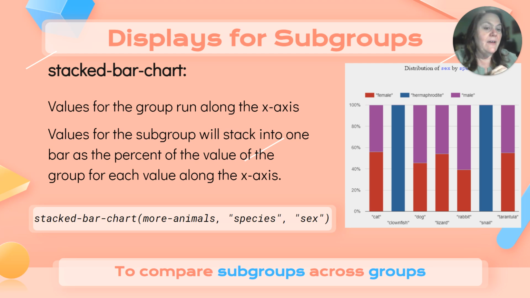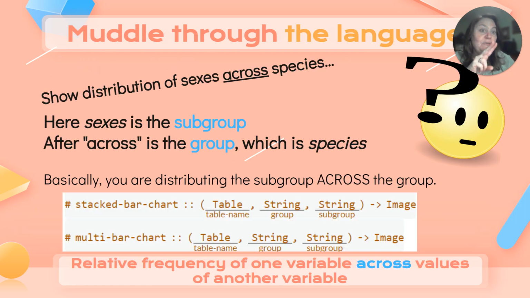The percent value within that value, the percent of that sex, so female, what percent are female within the cat value there. So percentage of cat, and then the percent female of cat and the percent male of cats are then stacked right on top of each other. So those are the two different values.